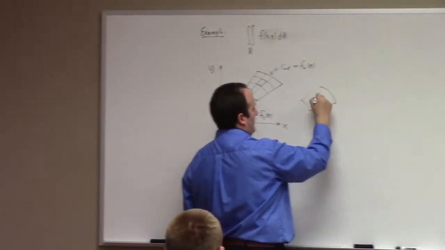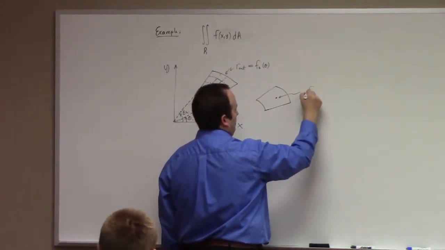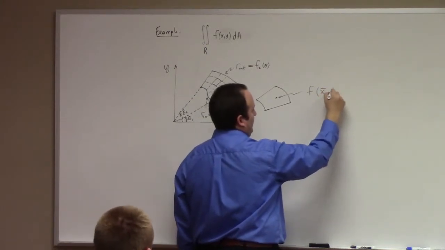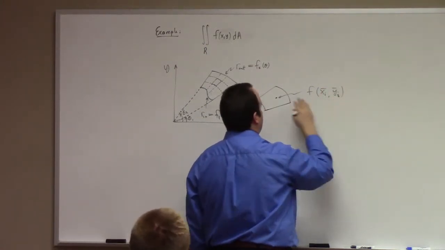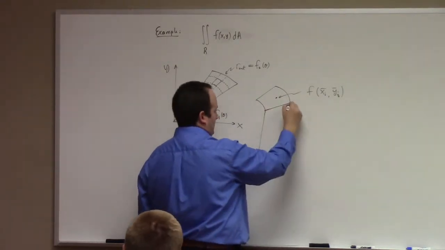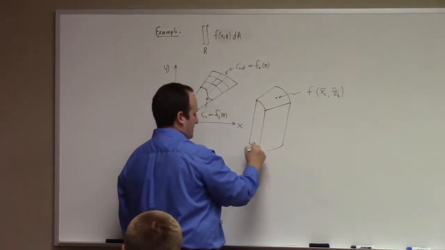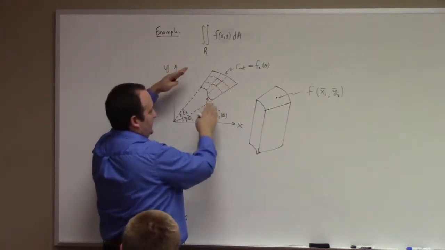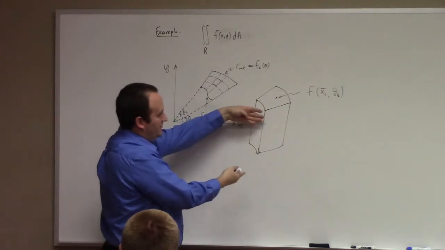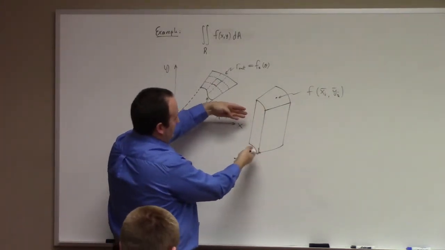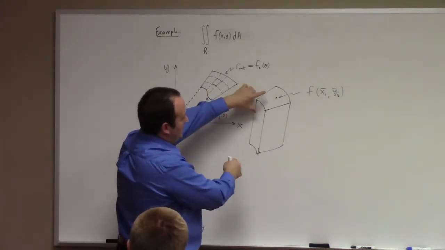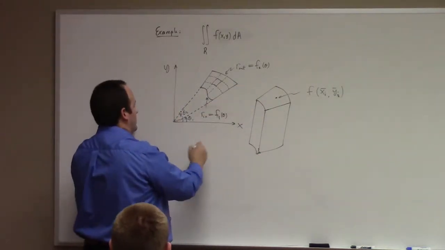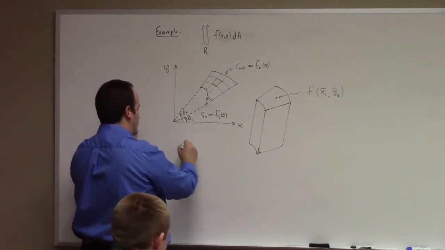You'd have a particular point in there, f of x bar i, y bar j. Imagine making it three-dimensional, a stack of the volumes of pieces like this. You have to add up the volume of each piece. But what would the volume of such a box be? Let me draw the picture here in 3 dimensions. That's what we're doing.